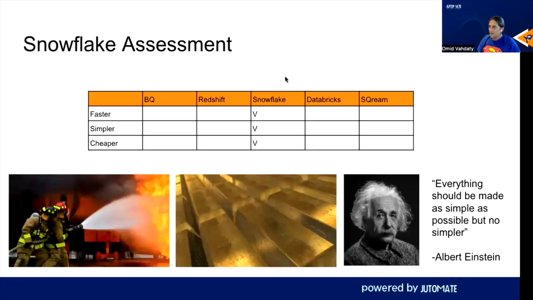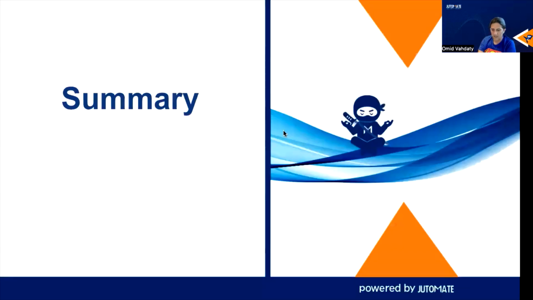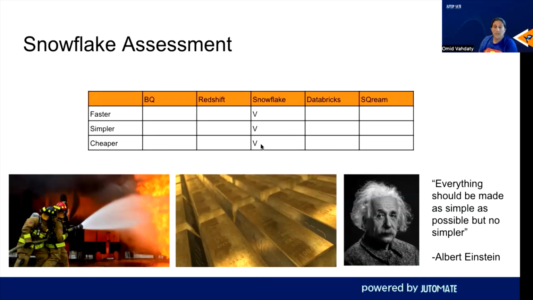Okay. So essentially, if we're assessing Snowflake, generally speaking, in terms of performance, it's relatively fast, and in terms of simplicity, we have very good simplicity associated with the solution. Of course, it's not the cheapest solution compared to the rest, but relatively okay compared to the framework.